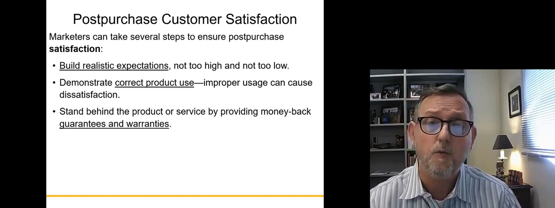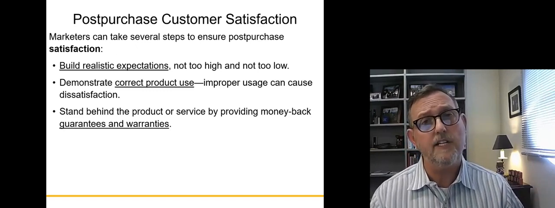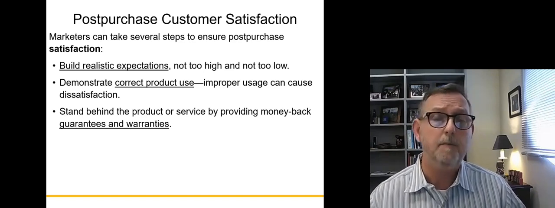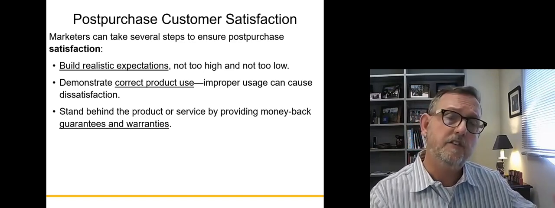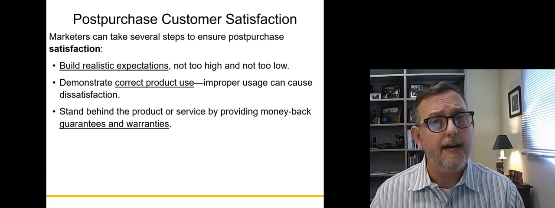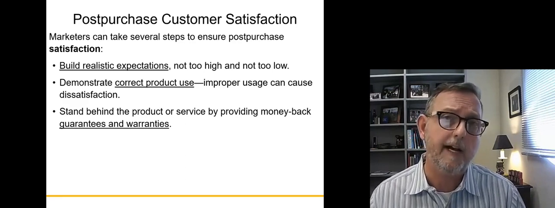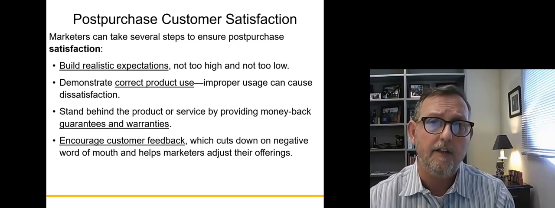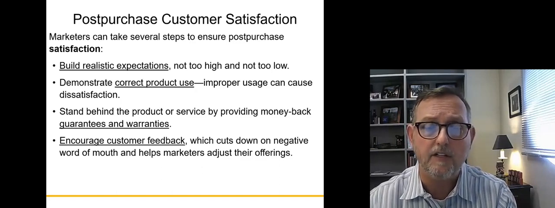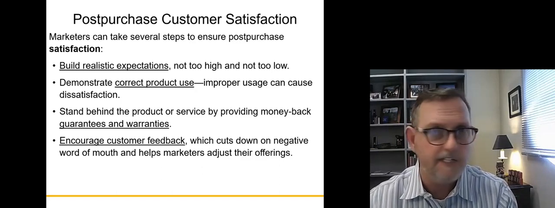Stand by and offer guarantees and warranties. Guarantees, warranties, and money-back offers build confidence. And so if there's a failure in the product, you can remedy that, and the customer will actually come back and be happier because they were taken care of after a product failure.